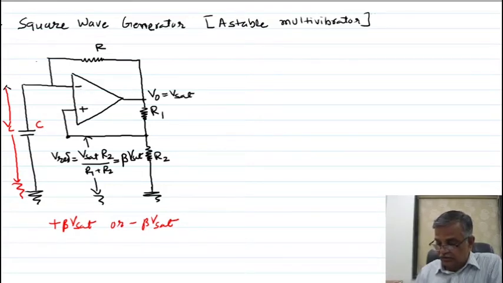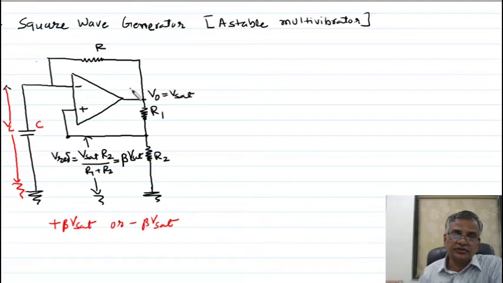When the voltage at the negative terminal is more than the reference voltage, output will be minus V sat. When the voltage at the negative terminal is less than the V reference, then output is positive.